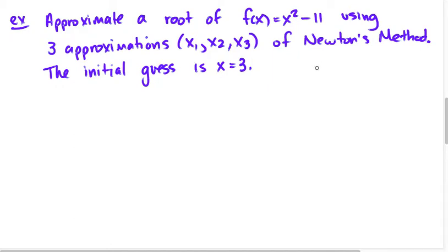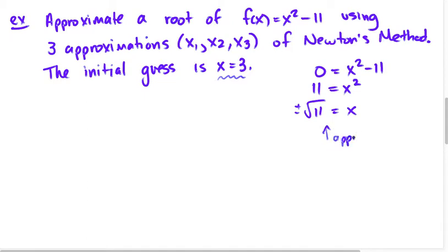By the way, solving this is essentially asking this question. If I add 11 to both sides, I'm really doing this math, I guess it's technically plus or minus. When I start with an initial value of x equals 3, I'm actually approximating the positive square root of 11 through this procedure.